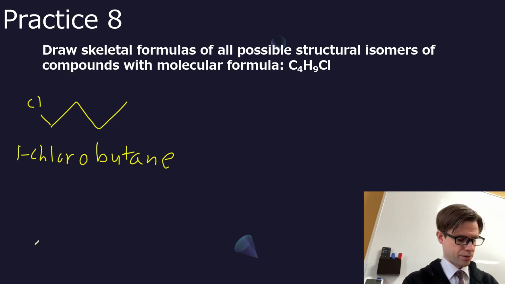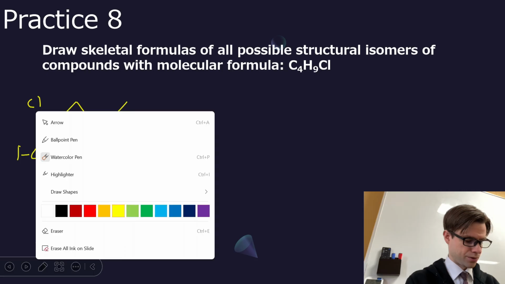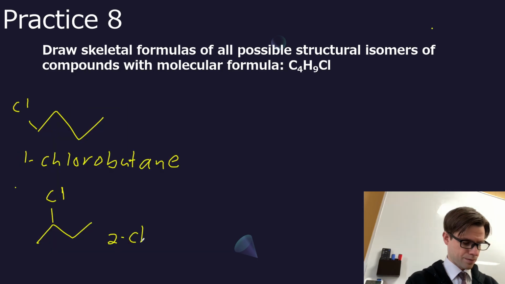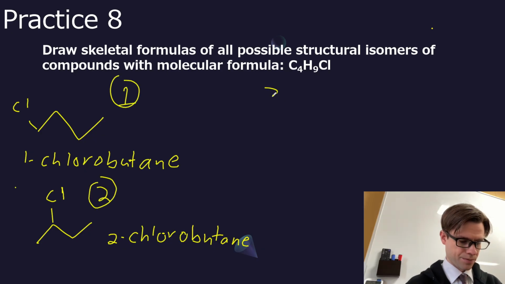Okay, what else could we do? We could just move that Cl group to the second carbon. We can have 2-chlorobutane. Different isomer, different chemical and physical properties. What else? Okay, we had 1 here, 2 here.